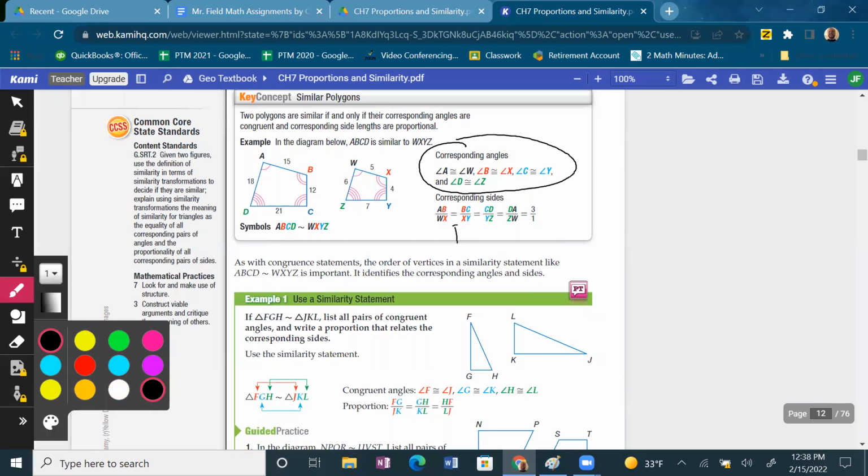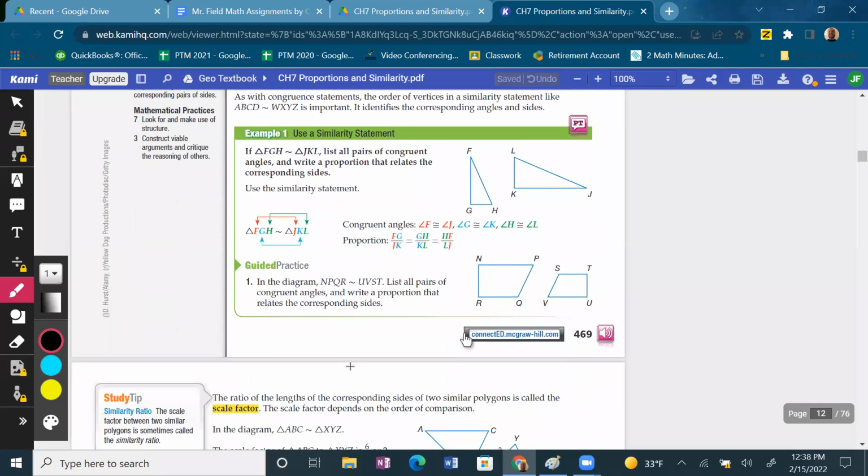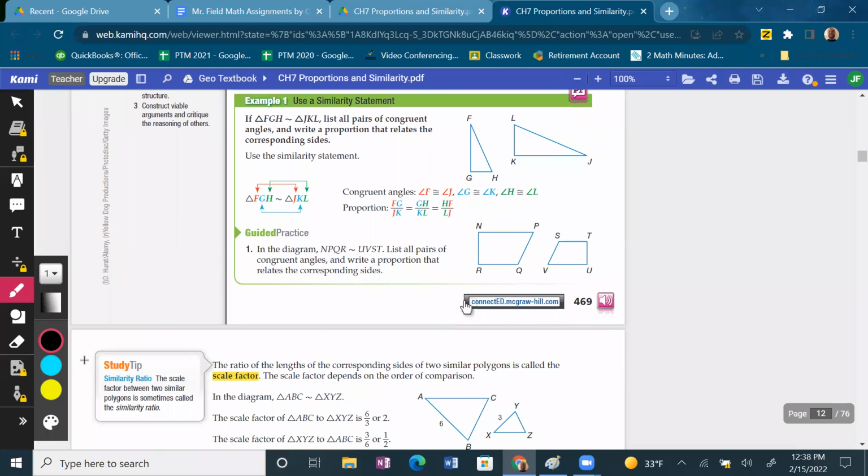Corresponding sides are proportional. That means when you divide them, all the ratios are the same. So we'll be dividing sides and comparing angles. And then we can write a similarity statement, which is right here. All the corresponding angles are in the same position in that triangle or polygon.